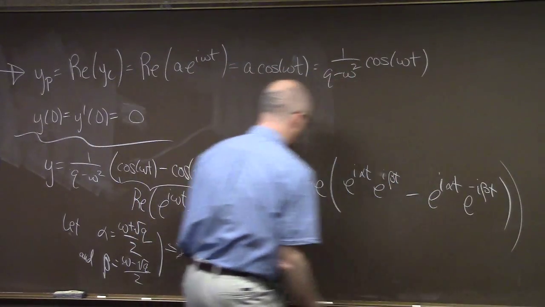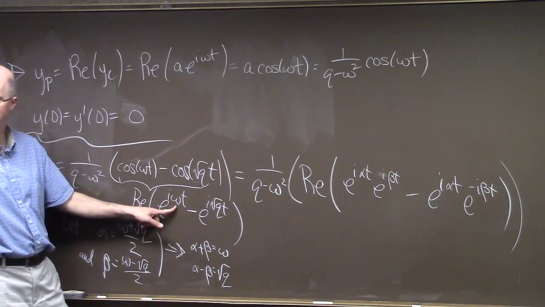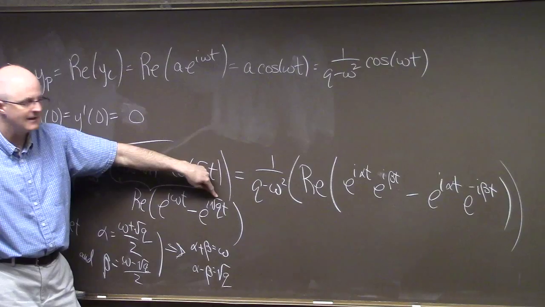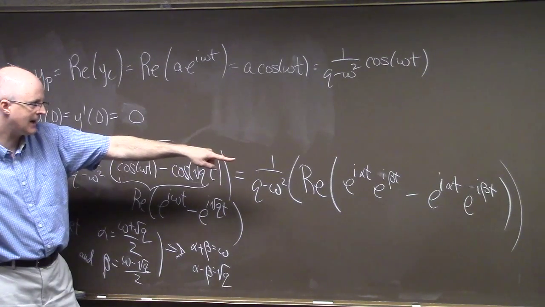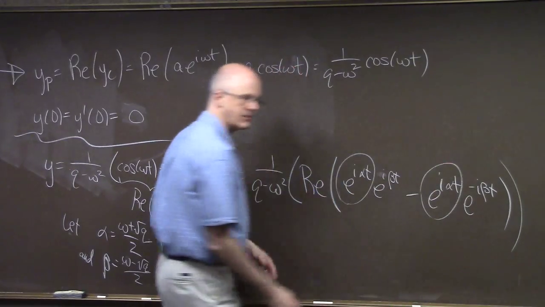Because you replace the omega with alpha plus beta, and you replace the square root of q with alpha minus beta. And that's nice because you've got a common factor of e to the i alpha t that can be factored out.